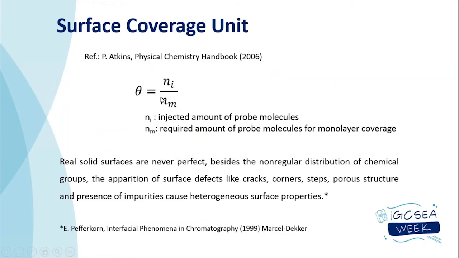By surface coverage, we mean the number of moles injected divided by the number of moles that would be required to cover a monolayer of the surface. This does require knowing the BET surface area of the material. I won't talk about that. I know Daryl's presentation later will touch on measuring surface area by inverse GC. But if we know the surface area of the material and the cross-sectional area of the probe molecules, then we can determine this surface coverage.